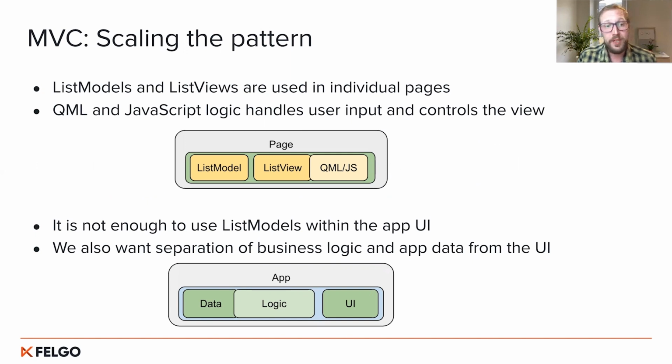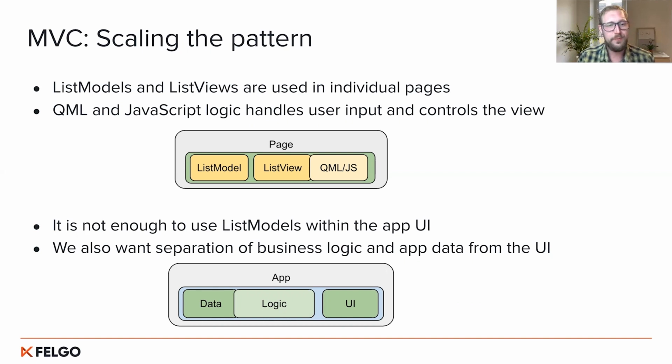And the QML and JavaScript logic handles your user input and controls the view. But it is not enough to just rely on this and then know, okay, I have model view separation in my app. I use the Qt list model and list view. I do not need to do anything more.